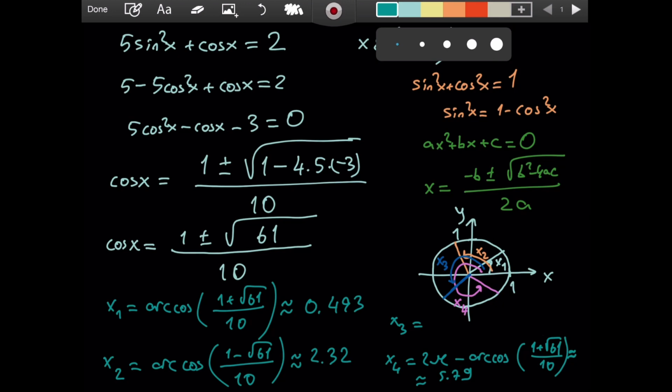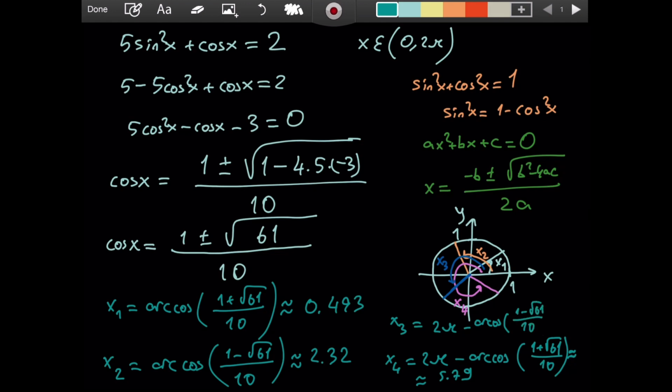We're going to have 2 pi, and then we're going to subtract x2 from it, which is arc cosine of (1 minus the square root of 61) over 10. And that is approximately equal to 3.96.